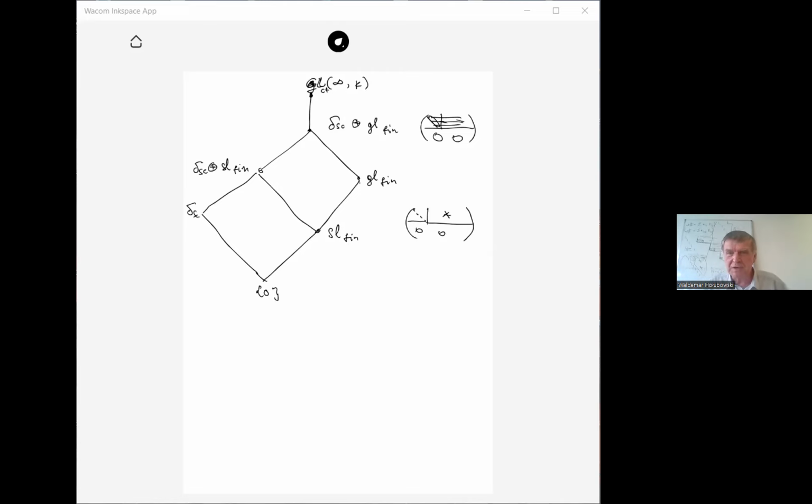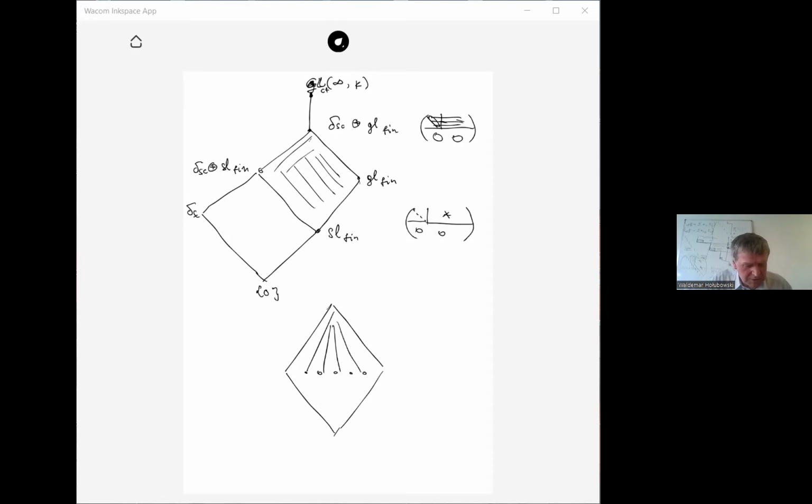And the problem was how to describe the ideals which are in this square. And the answer is that these ideals, in fact, are on the same level as scalar matrices plus the special linear. Here we have GL fin, and here we have scalar matrices plus GL fin.